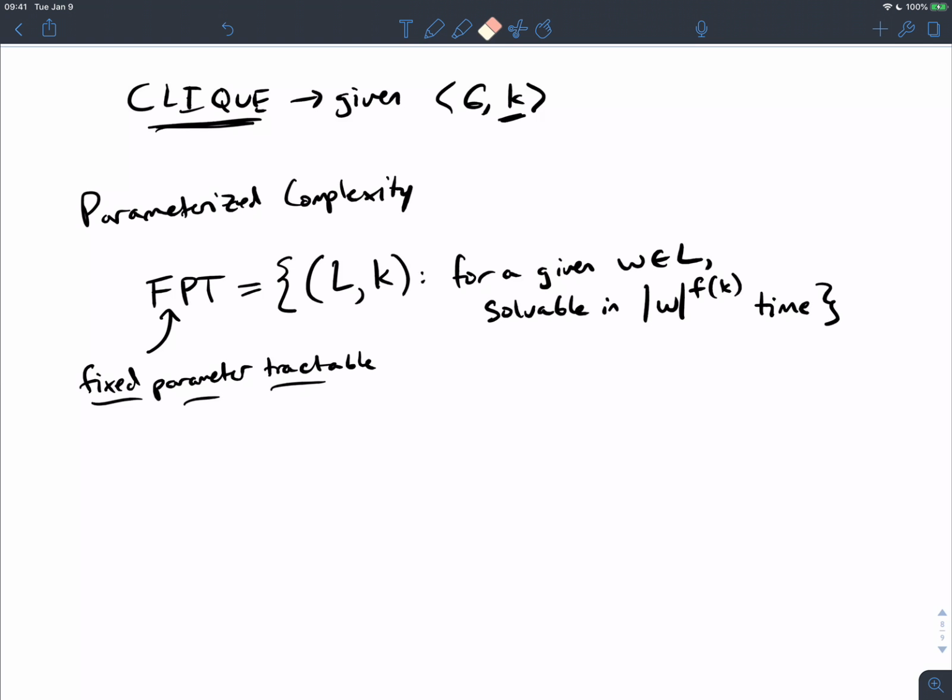Oh no, sorry, I'm looking at a different one. It should be this: solvable in the size of the input to a fixed constant. I'm not restricting you to squared or cubed or whatever, but I'm going to multiply it by f of k, where the f function is arbitrary.